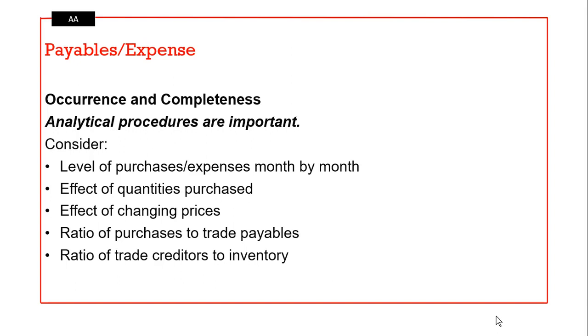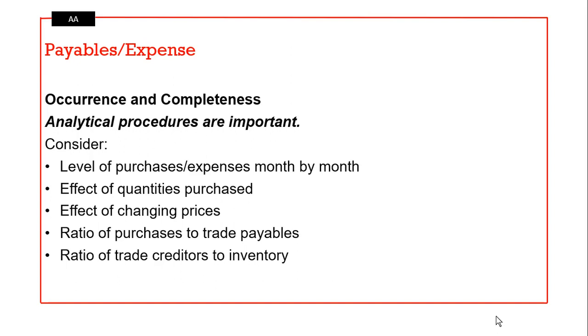You need to check for the effect of quantities purchased. If more quantities were purchased during the year compared to last time, what will be the effect of this? Of course, we expect our payables to increase, but if they don't, then there's a problem. You need to check for the effect of changing prices. If there's inflation in the land, we expect payables to go up. If there's a decrease, we need to find out why that is so. There must also be an idea of the ratio of purchases to trade payables, the expected margin.